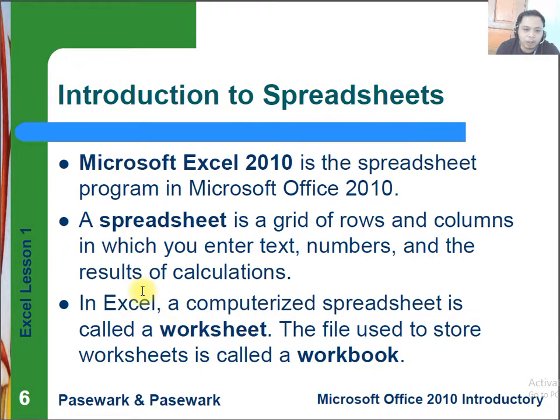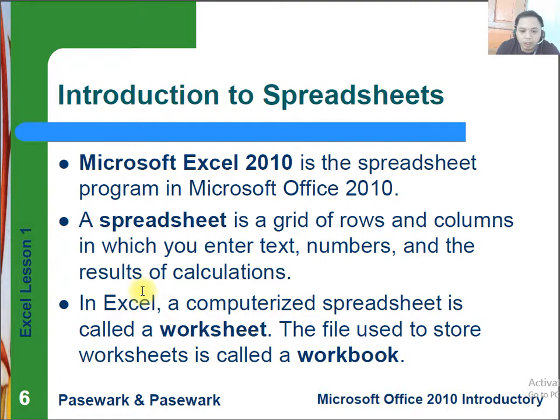Okay, so what is a spreadsheet? It is a grid of rows, okay, and columns in which you enter text, numbers, and the results of calculations. Okay, so yung spreadsheet daw, it is made up of rows and columns. Okay, in Excel, a computerized spreadsheet is called a worksheet.